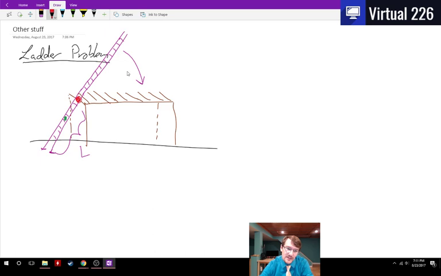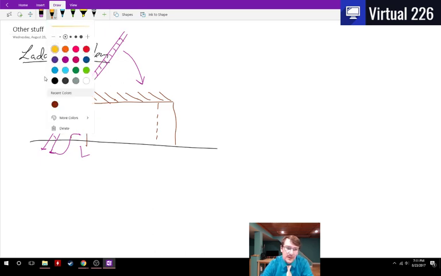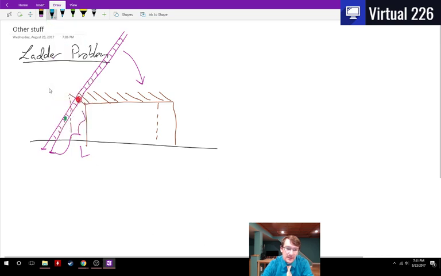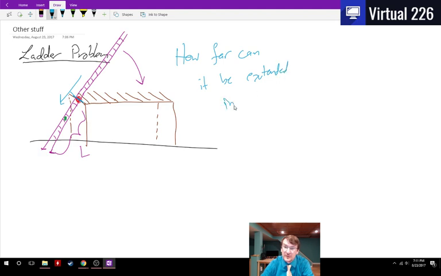And the worst part about tumbling down on a ladder like this is if your deck is very smooth, like mine is right here, maybe it rained or something like that, as your ladder starts tipping down, your ladder is going to start kicking back and you're going to start sliding out. So that's the ladder problem I thought of a day or so ago. Interesting little thing. See if you can figure out how far it can be extended, in terms of L.